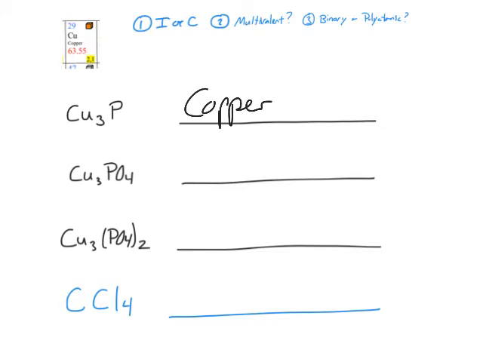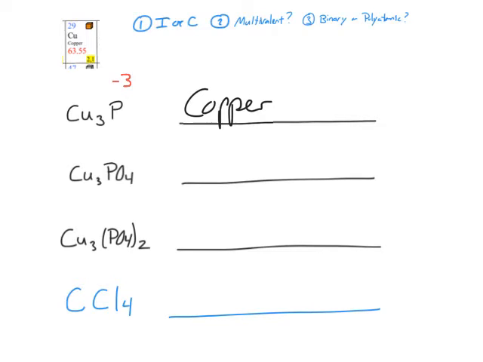What I need to do though is identify, is that copper multivalent? And looking at the periodic table, I see that it is. It has a possible charge of a 2 or a 1. So I'm going to need to use the charge of the other atom to help me figure this out. So looking at the periodic table, I also know that phosphorus is going to come with a -3 charge. To balance a -3, I have 3 atoms.